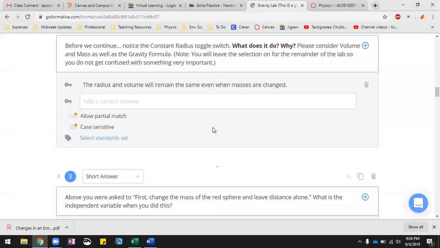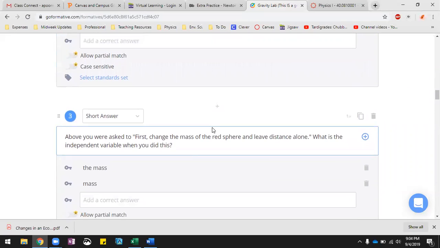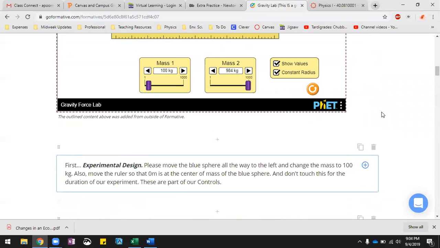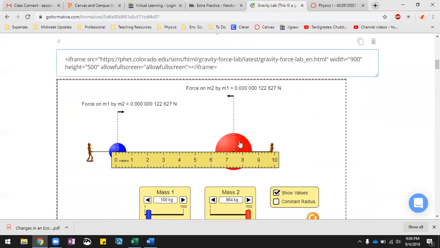Why does that matter? Well, it's probably because when you keep this object right here, the mass changes, but so does the radius, and it's proportional, which means that the object is probably made out of the same material, like it's 100% gold, okay?